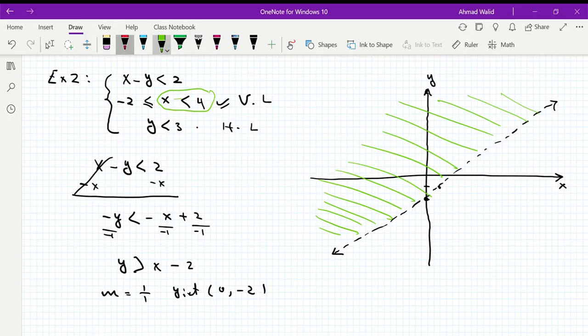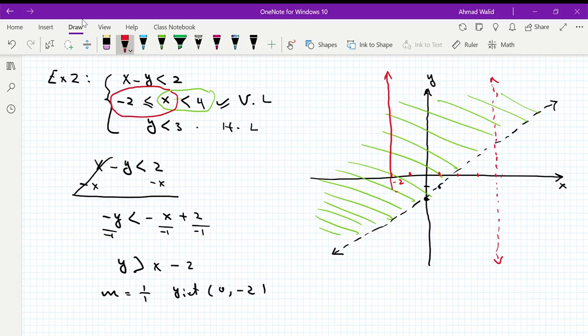If I use red color, 1, 2, 3, 4. x less than 4, I'll draw here a vertical dashed line. The second inequality is x greater than or equal to -2. Greater than or equal means I will graph a solid line here.